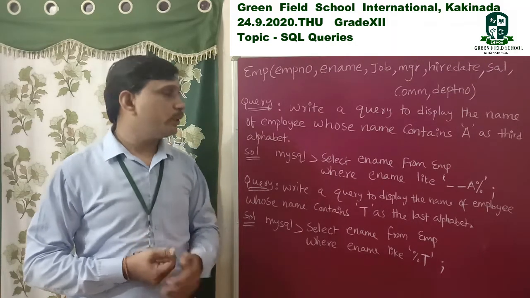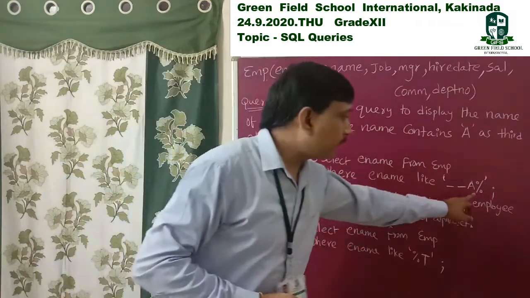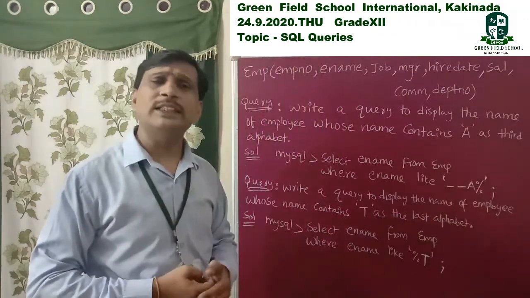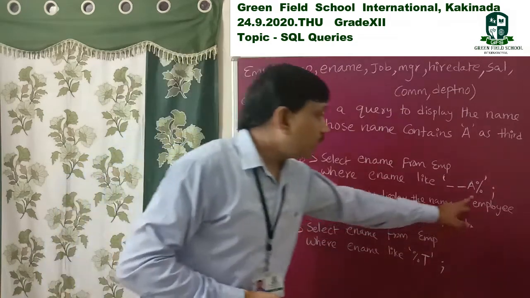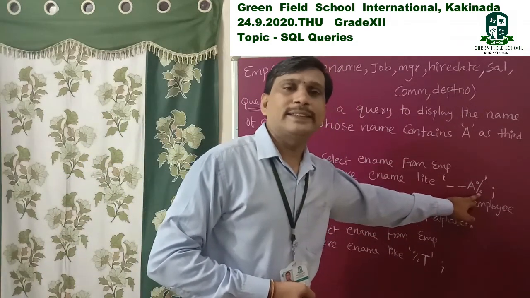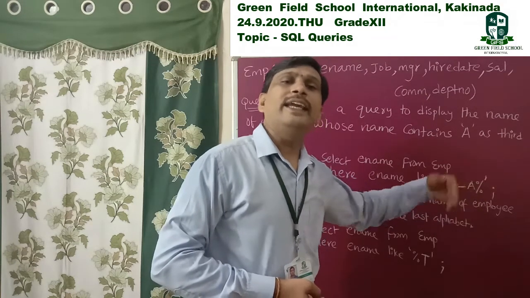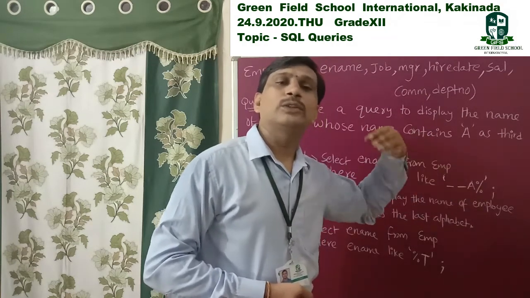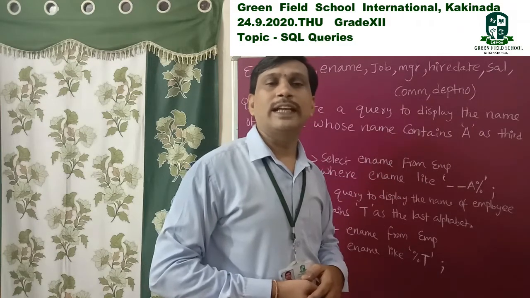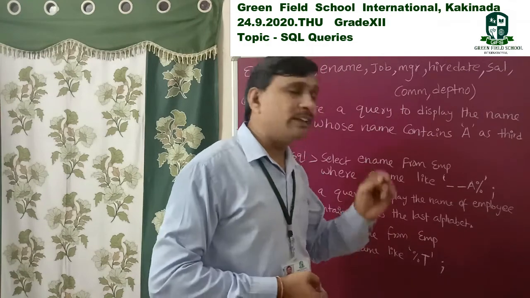That's why we use the percentage symbol here. See this percentage symbol. Here we replace the percentage symbol with 0 characters or no characters or any characters: 1 character, 2 characters, more than 1 character also, N number of characters.